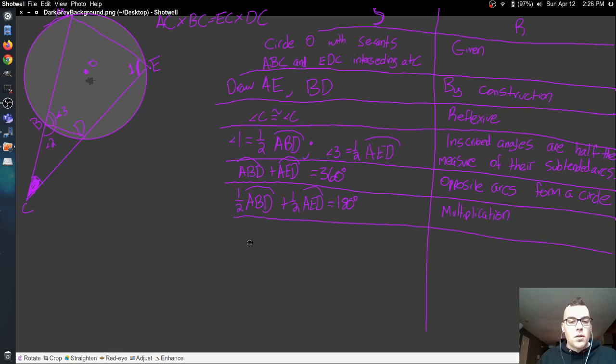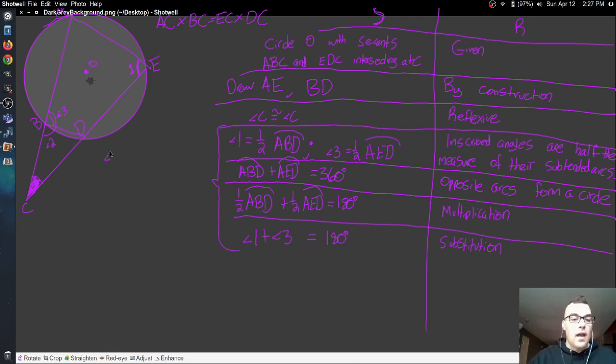I'm now going to substitute. Angle 1 plus angle 3 is equal to 180 degrees. I've substituted in angle 1 for half of ABD, and angle 3 for 1/2 of AED. What I was saying I wanted to use as a lemma before, this entire section right here, I could replace with a single statement that I could have proved.